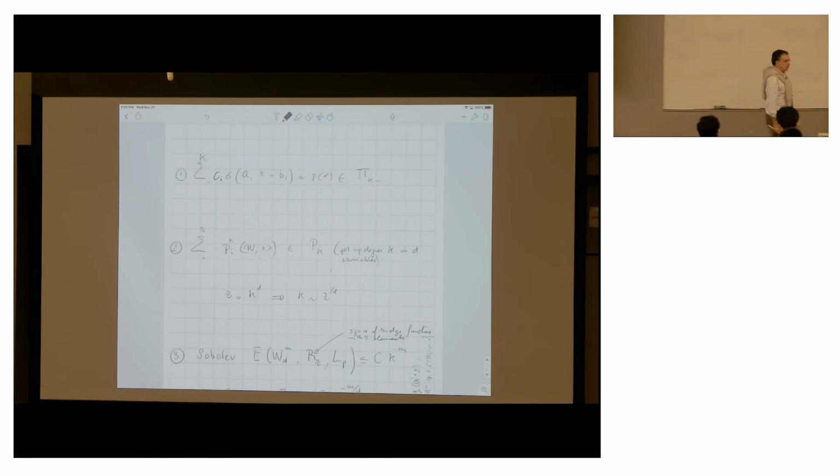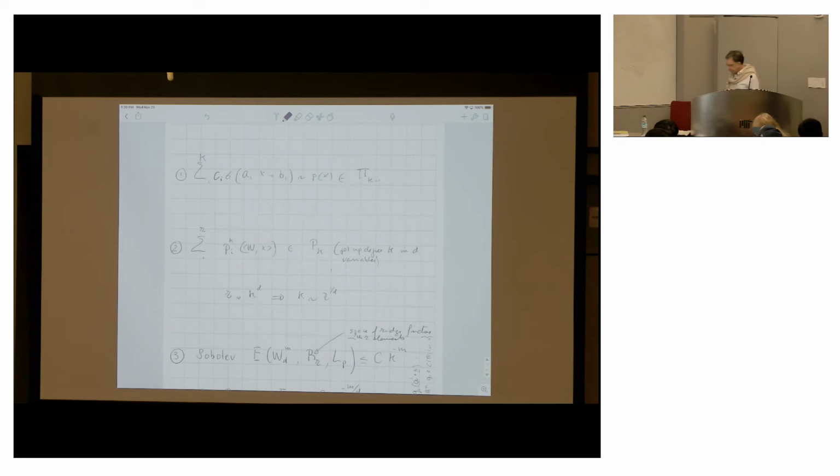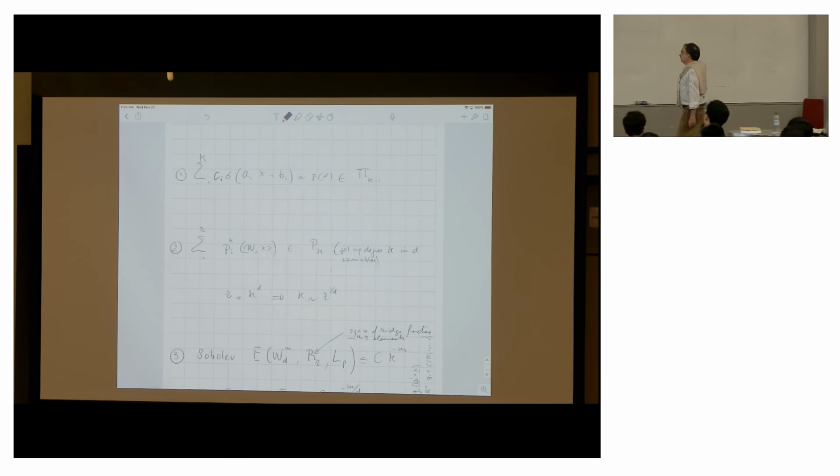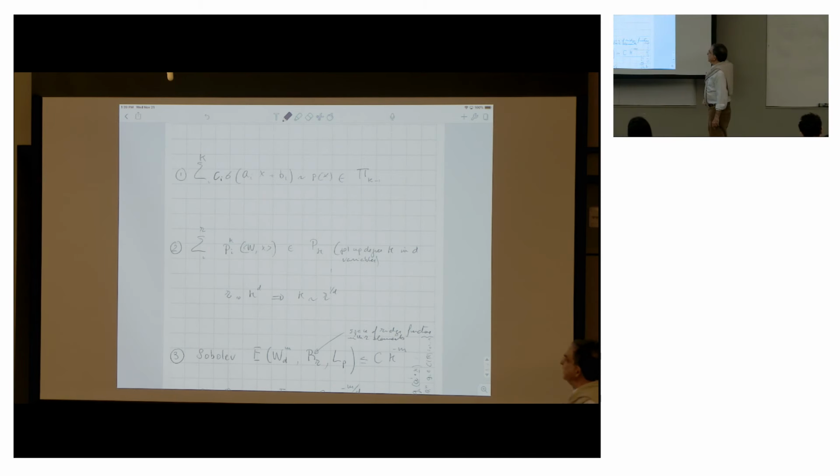And so the combination of 1 and 2 will tell us that networks with sigmoids, 1 layer, can approximate multivariate polynomials.